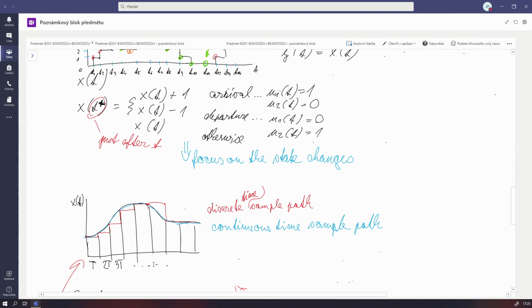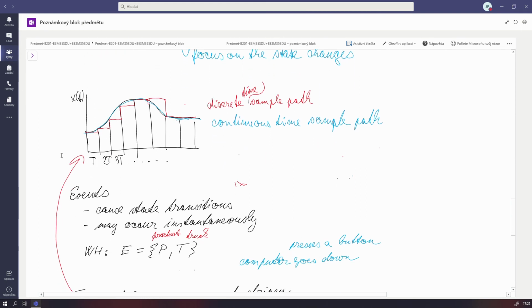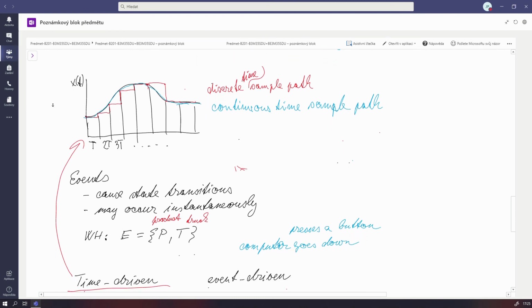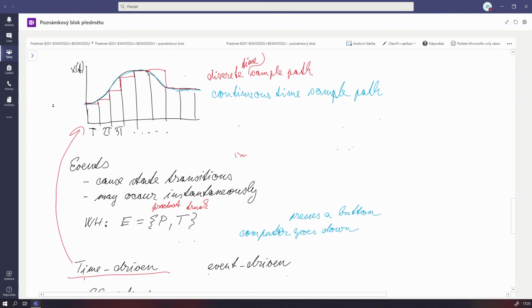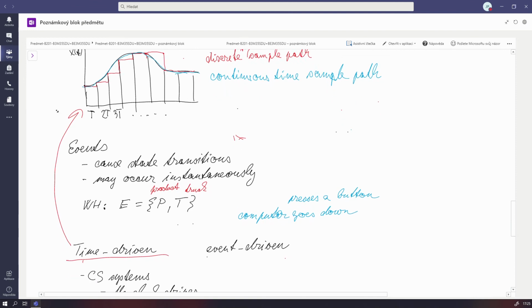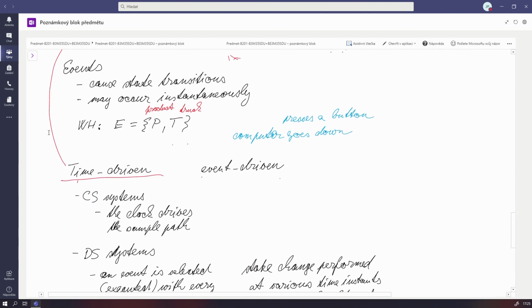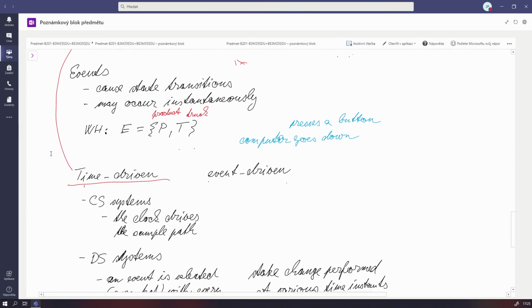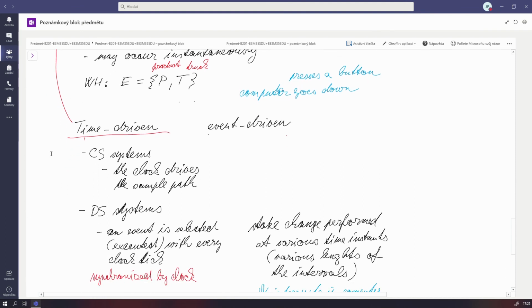So if we draw the timeline, then we draw the time instances T1, T2, T3, T4, T5, and so on.